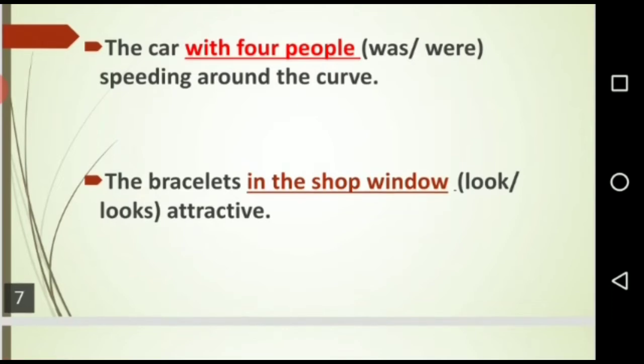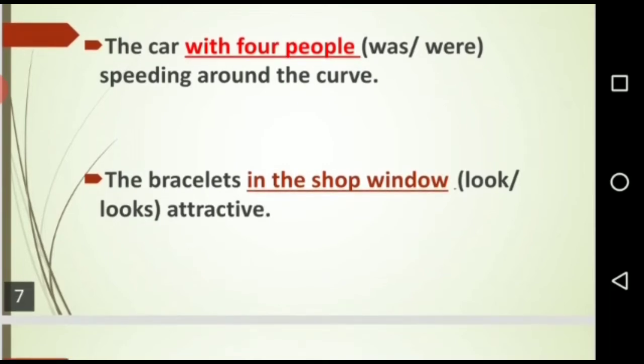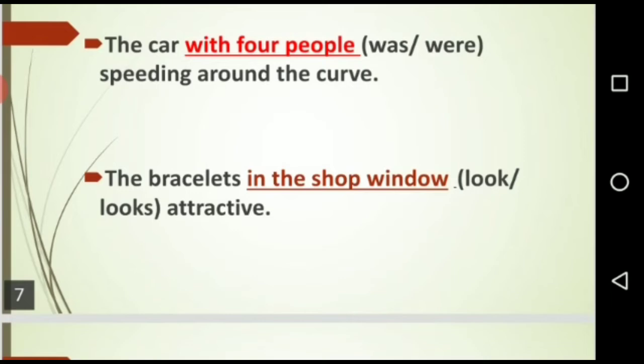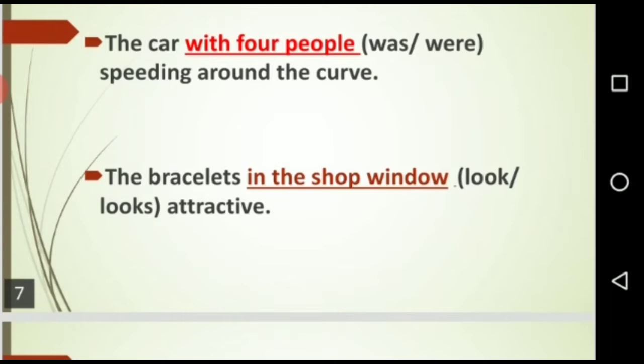So, car is the subject of the sentence. The people are not the subject. Car is a singular noun. So, a car with 4 people was speeding around the curve. The answer is was. If the sentence was just about 4 people, we might say 4 people were speeding around the curve. But here, since the real subject is car, we say was.